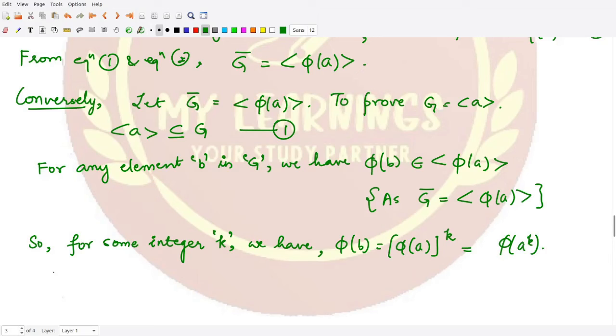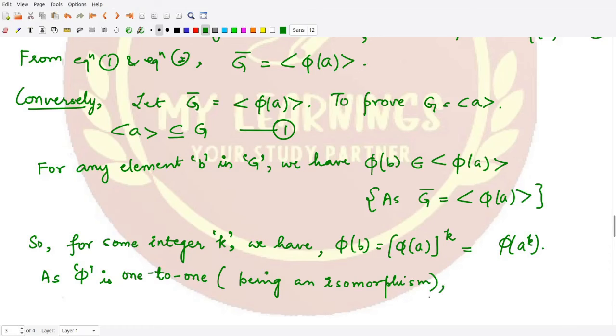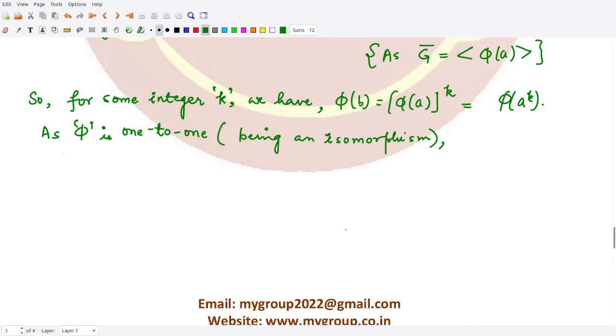Now as phi is one to one, being an isomorphism, this would give us B equal to A to the power k.